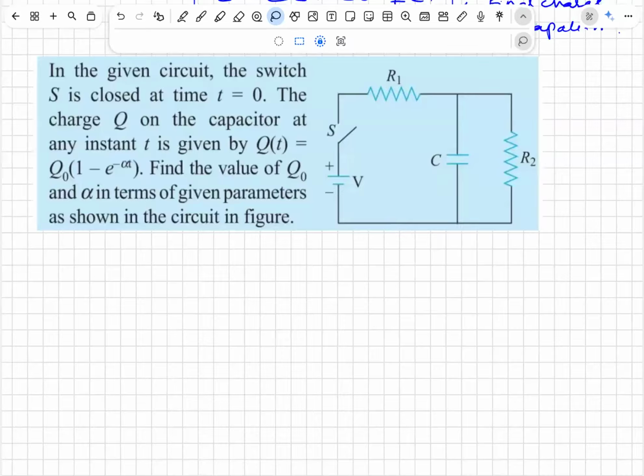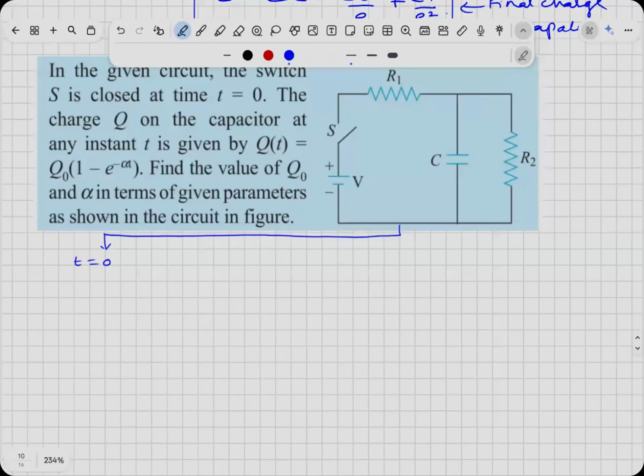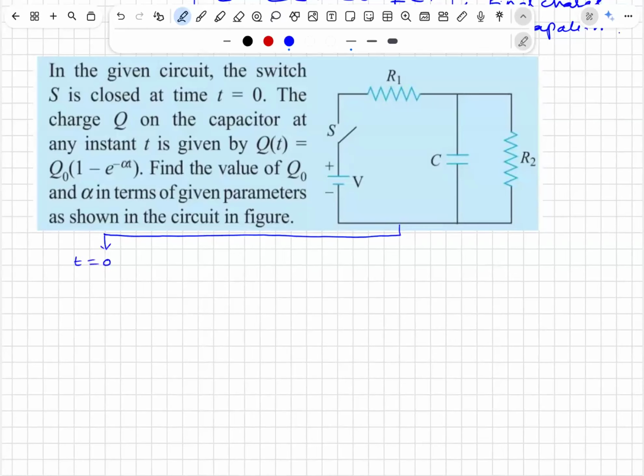One portion is t is equal to 0. This part gives you the maximum current condition.